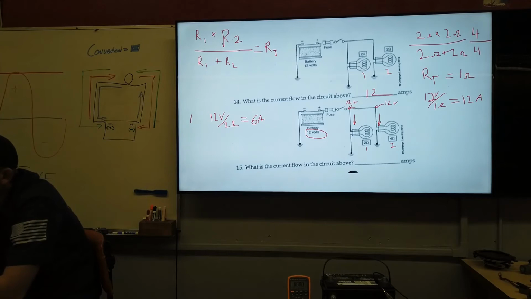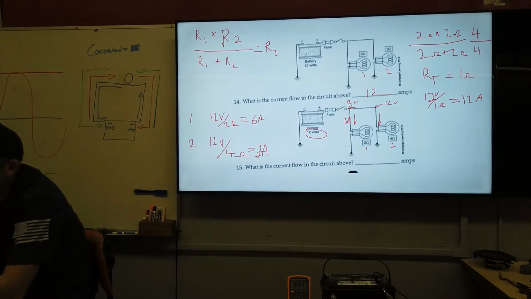So I've got 6 amps for this leg. Then if I do the same for resistor 2, I've got 12 volts divided by 4 ohms, and that gives me 3 amps.